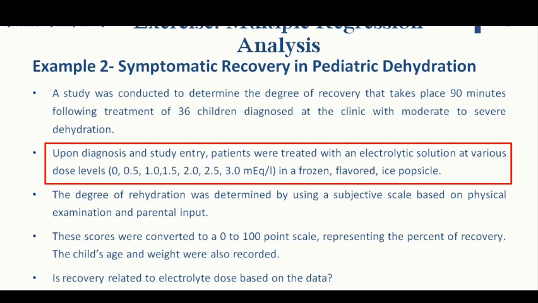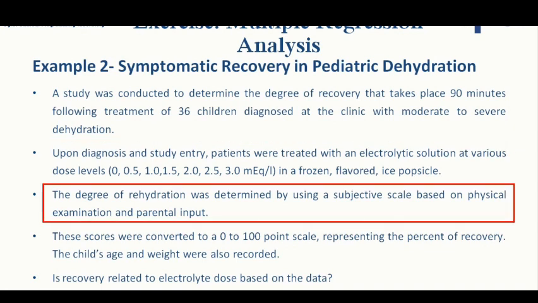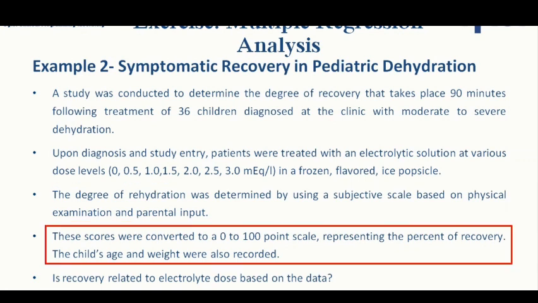Upon diagnosis and study entry, patients were treated with an electrolytic solution at various dose levels in a frozen flavored ice popsicle. The degree of dehydration was determined by using a subjective scale based on physical examination and parental input. These scores were converted to a 0 to 100 point scale representing the percent of recovery. So the response endpoint is the percent of recovery.